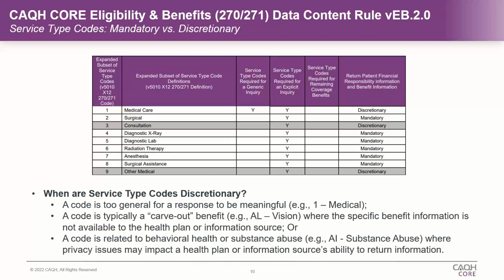Well, there's one topic that I did want to bring up that I think is definitely something that needs to be brought to people's attention just for awareness. In the 270 that's proposed, that's there today, and within the confines of the operating rules that are mandated today, there is no expectation that a payer supports more than one service type code on the inquiry.